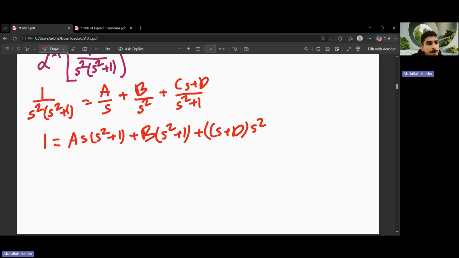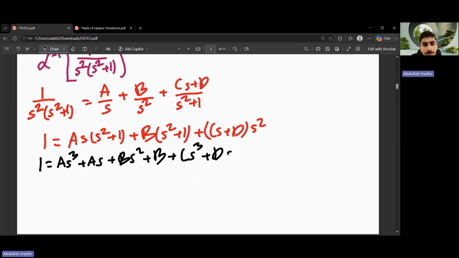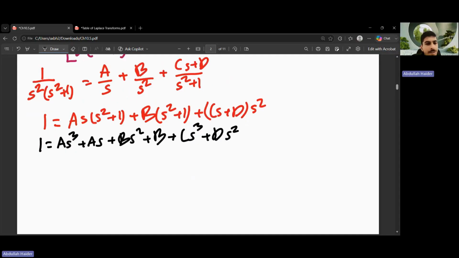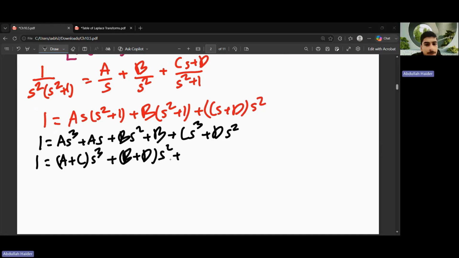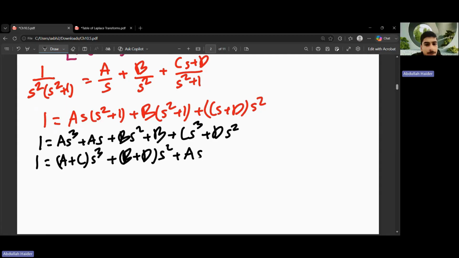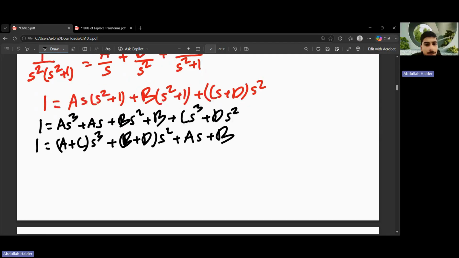So we expand. 1 is equal to a s cubed plus a s plus b s squared plus b plus c s cubed plus d s squared, and then you group the similar exponents, meaning 1 is equal to (a plus c) s cubed plus (b plus d) s squared plus (a) s plus b.